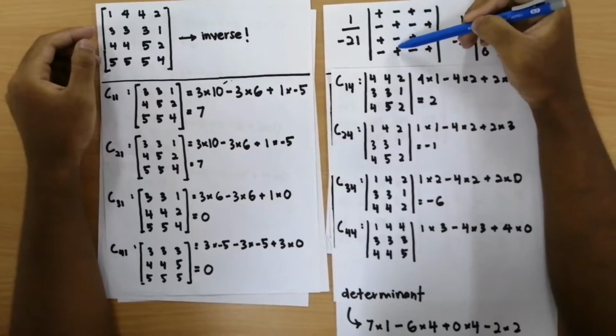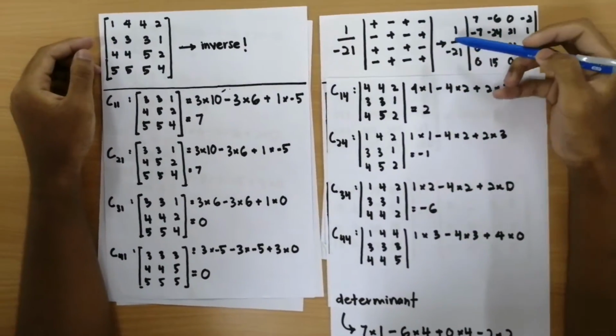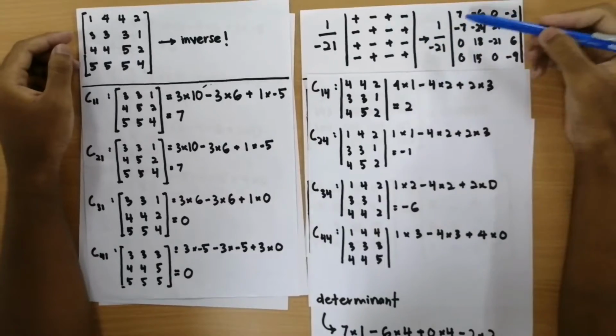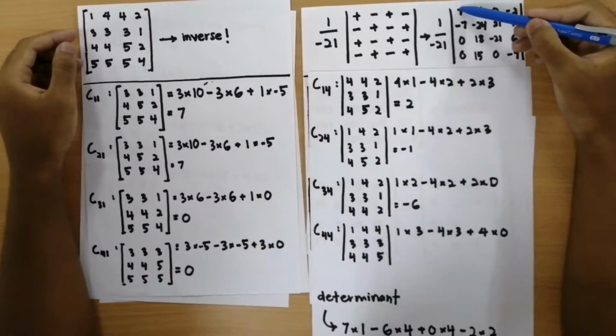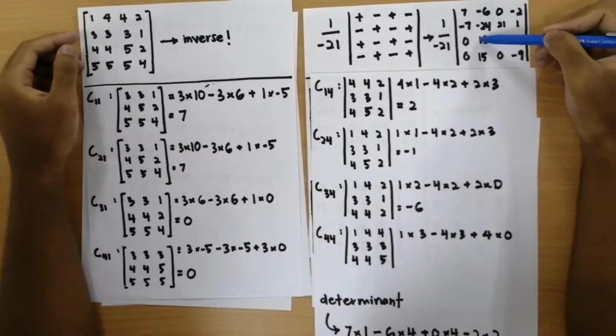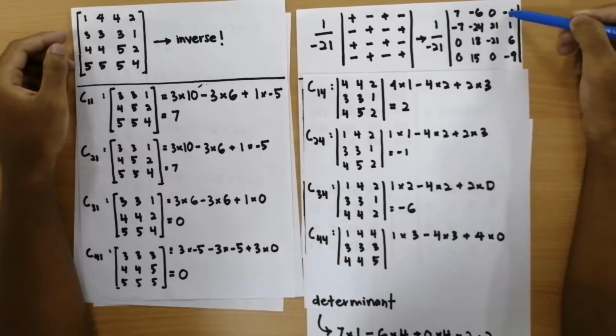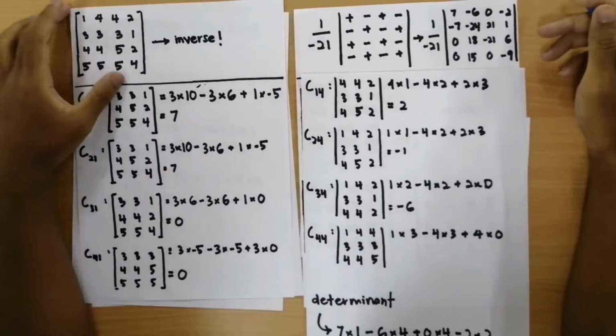So here is the new inverse matrix, which is 7, negative 7, 0, 0, negative 6, negative 24, 18, 15, 0, 21, negative 21, 0, negative 2, 1, 6, negative 9.